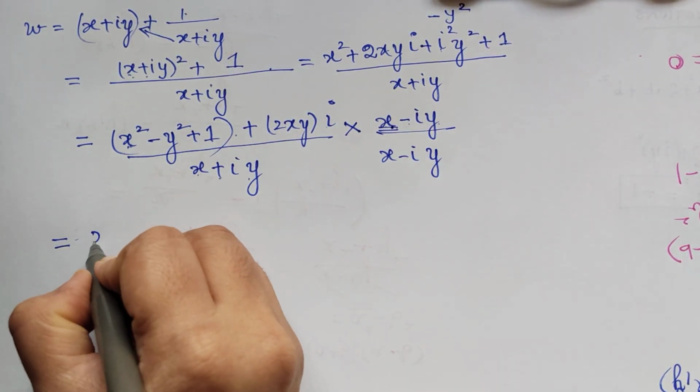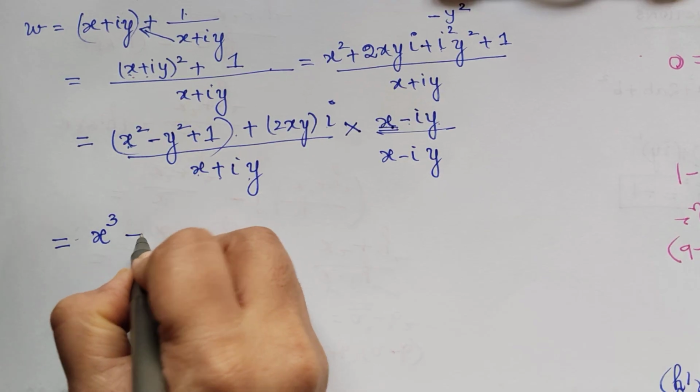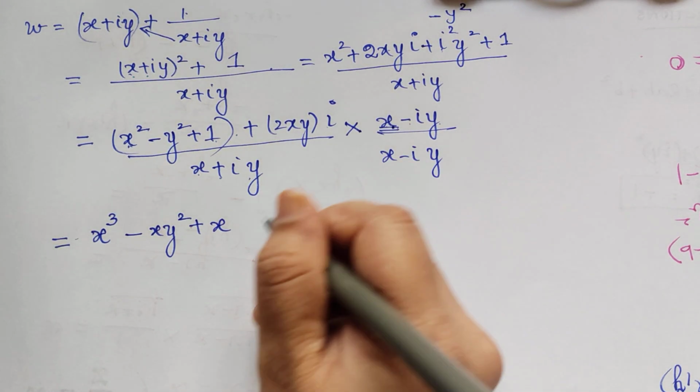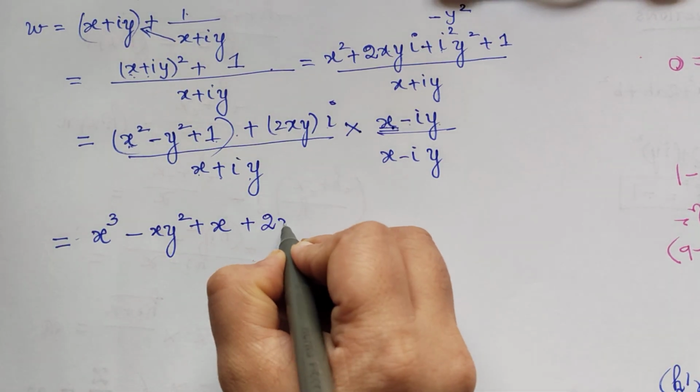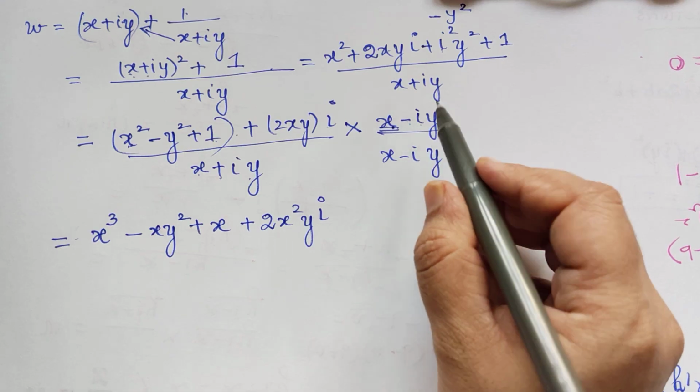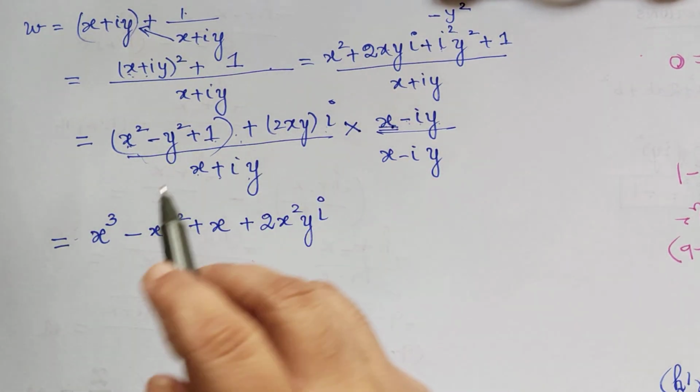So x² multiplied with x is x³ minus xy² plus x, and here we get 2x²yi. In a similar manner, minus iy gets multiplied with each of the terms in the numerator.